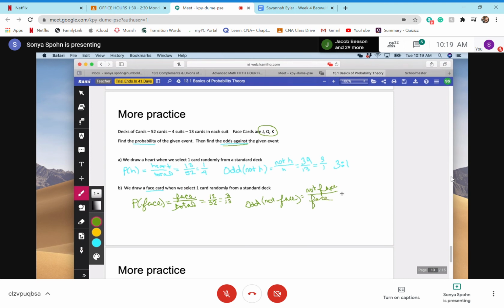All right. So we can go back to our probability information and say, okay, well, we figured out there's 12 face cards. So that can go down here. We know there's 12 of them, and there's 52 cards total. So how many would not be face cards? 52 minus 12 is 40. And then we can simplify that because you can take out a 4, and that's 10. That's 3. So our odds would be 10 to 3.